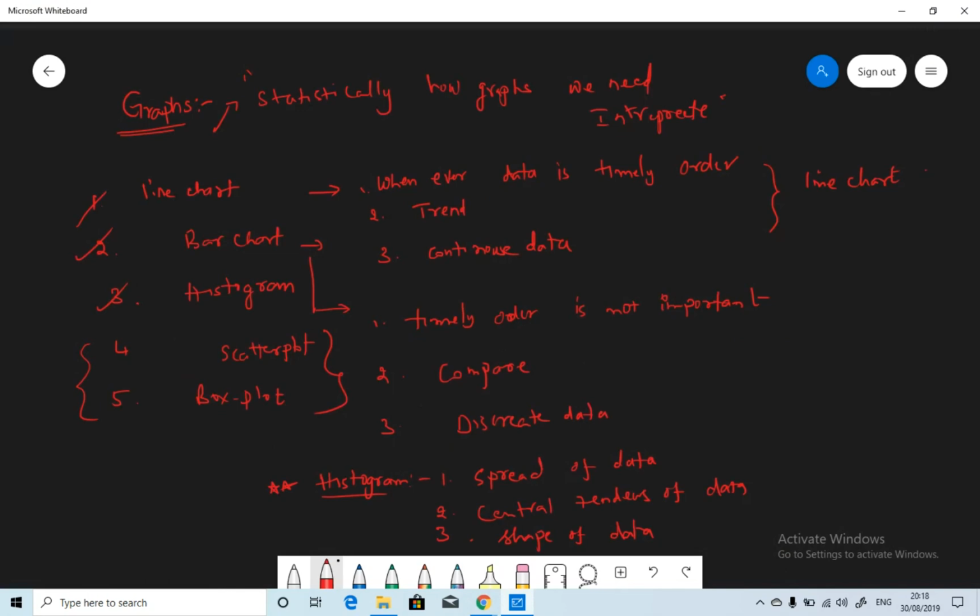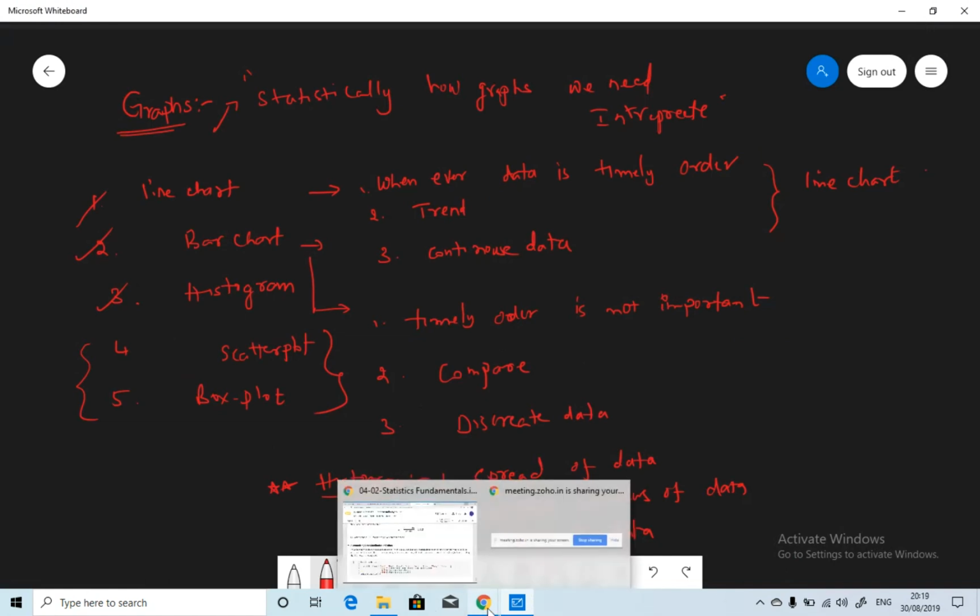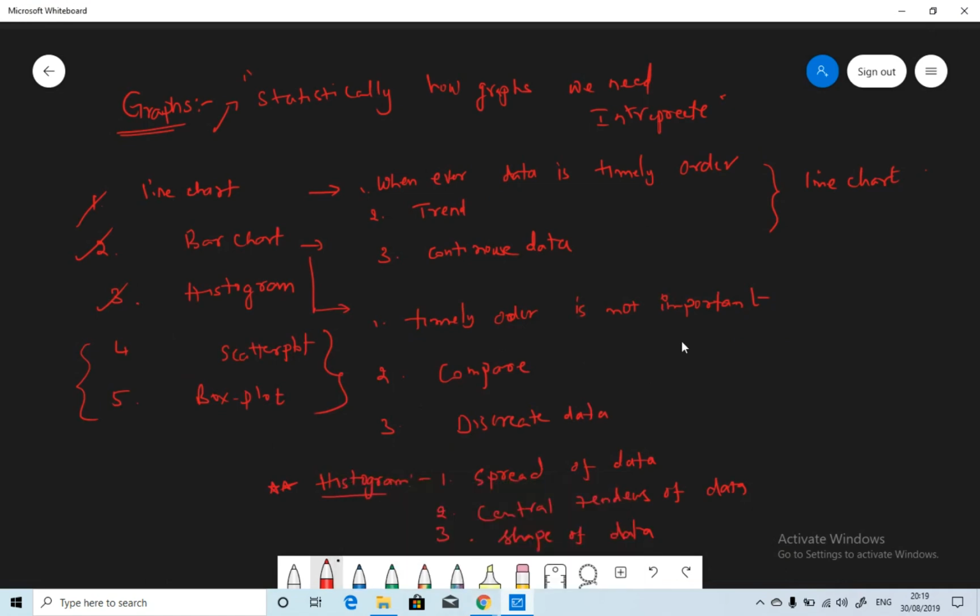Done or not done? Okay, now the important thing, the scatter plot.